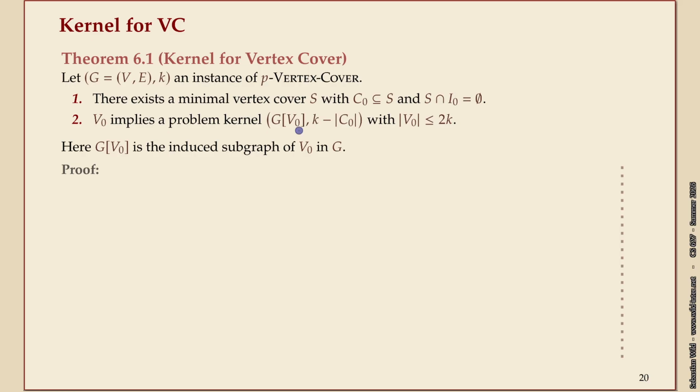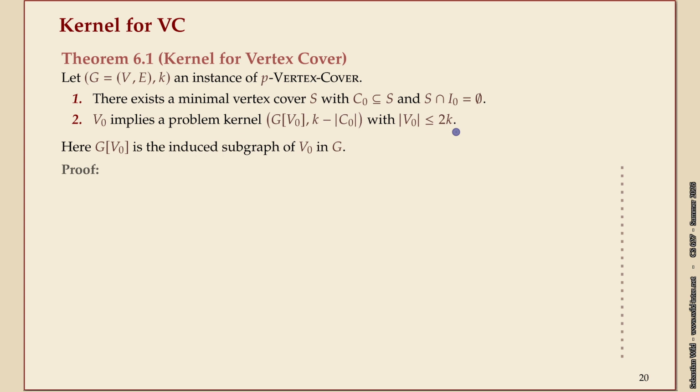And then, of course, there's the ones in V0 left where we don't know. But we'll see that we can essentially restrict the input to just those vertices in V0. And that's going to be the hard part of the problem. In other words, the kernel of the problem.